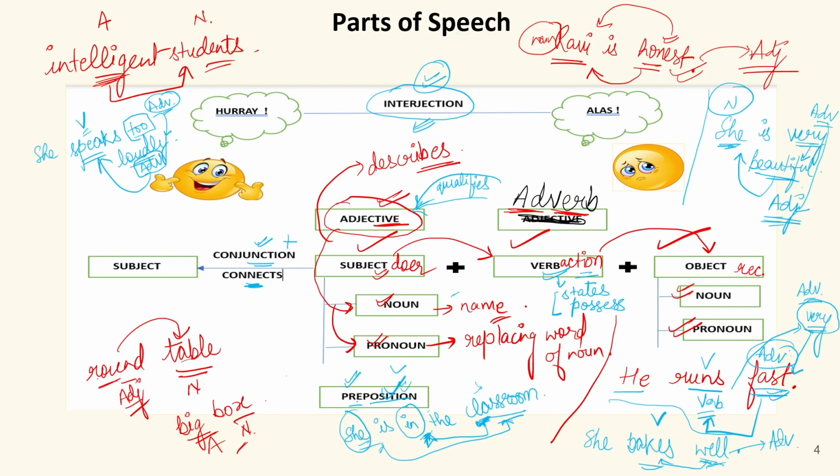I don't know what the reaction will be, but the sudden reaction that happens at that time is an interjection. It is not pre-planned at all. It is just a sudden reaction which comes out of us.